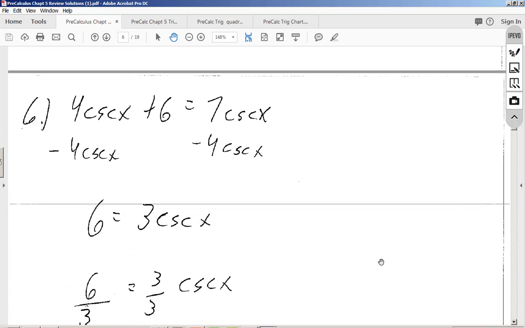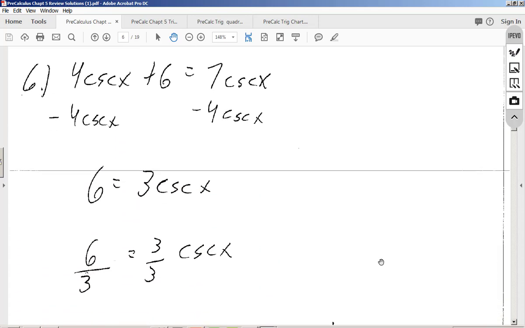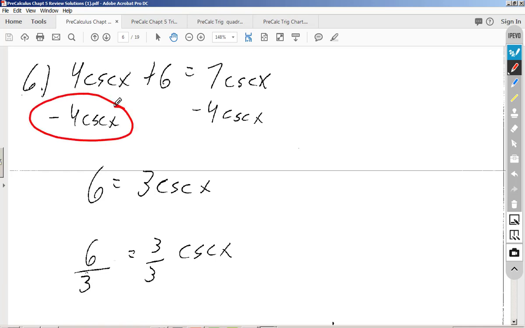On number 6, I've got 4 cosecant of x plus 6 all equals 7 cosecant of x. It just says solve the equation. So to solve the equation, we've got to combine like terms. The very first thing I do is combine my cosecants together. So I'm going to subtract 4 cosecant of x from both sides.